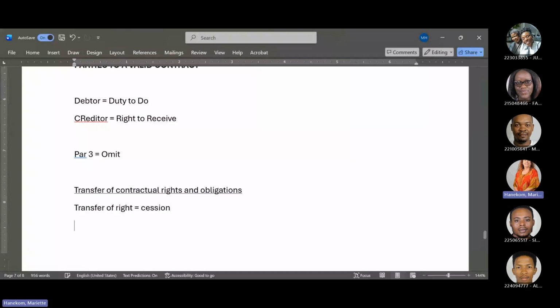So if there's a cession agreement, the debtor does not have to consent, but obviously I need to inform him. I do need to tell him, listen, you no longer have to pay me, you have to pay Ms. Kantewa.